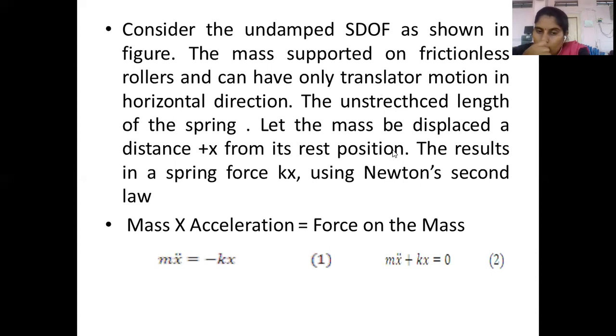Below this write down m x double dot plus k x equal to 0. Equation number 1 is m x double dot is equal to minus k x. Below this write down m x double dot plus k x equal to 0. That is equation number 2.